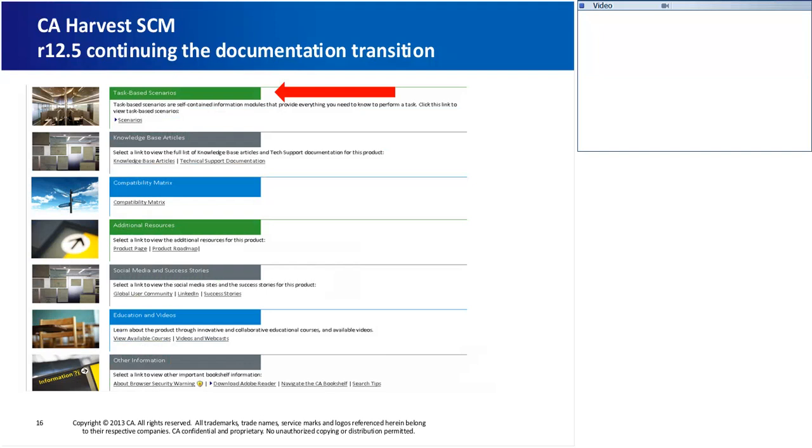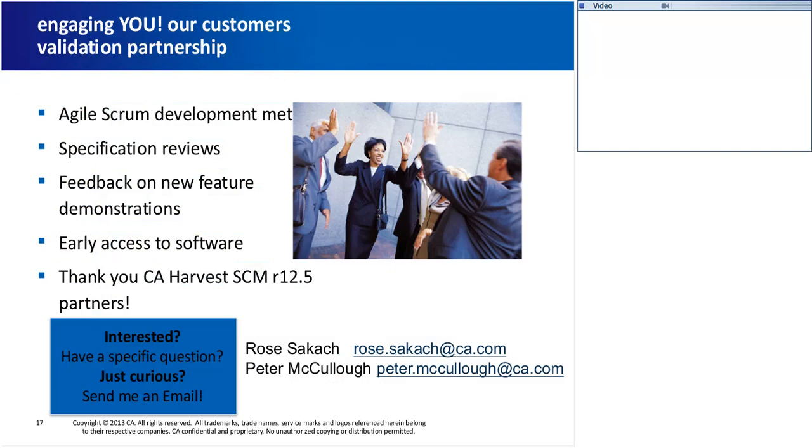So for example, here on the documentation page, you can jump right into our task-based scenario documentation. You can link over to the compatibility matrix from the documentation page. If you want to go into the global user community, you can do that as well. So the documentation has really taken a good turn, we feel, to enable you to get to the information you need from a one-stop shopping sort of perspective.